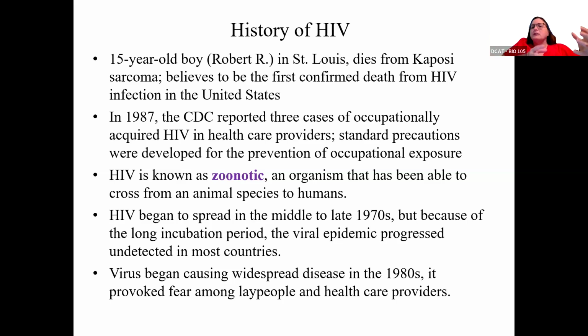It's because so many people had it in the 70s but didn't know, okay? So the virus began to cause widespread disease in the 1980s, again, because people had it in the 70s and they were spreading it, but due to that long incubation period, meaning that it's in the body, it's making viruses, but it's not showing any signs and symptoms of disease, we did not see it until the 80s.